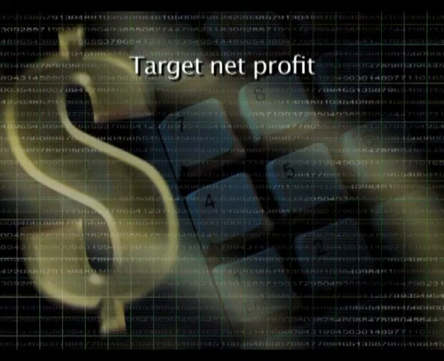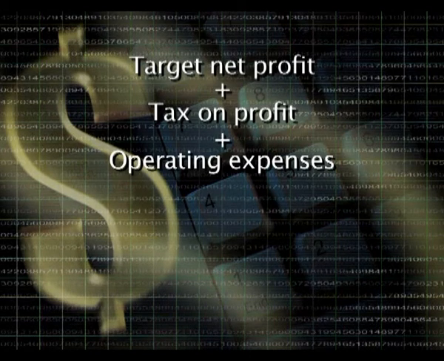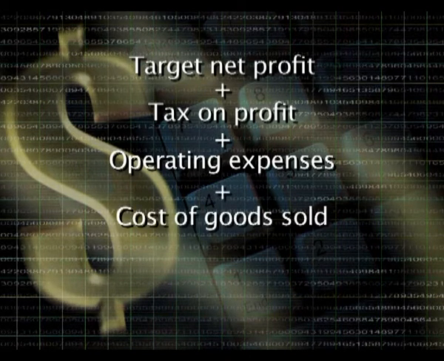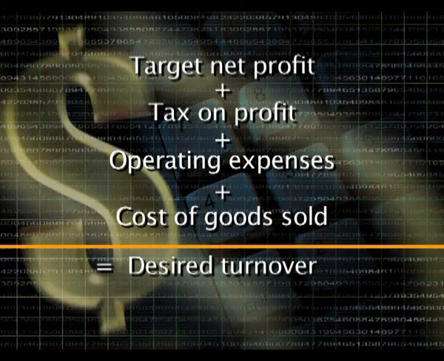So what turnover or sales do you need to generate to pay your bills, the taxman and yourself? It's easy. Just total all the amounts you've worked out so far. Target net profit plus tax on profit plus operating expenses plus cost of goods sold equals desired turnover.